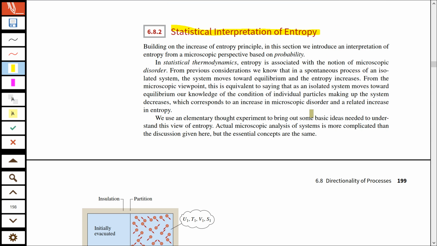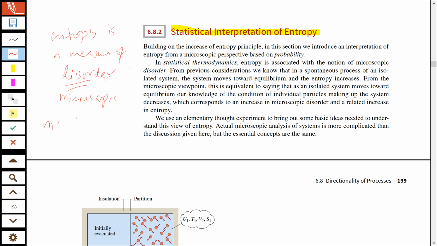In this section there will be no numerical, but at least we'll try to have some feeling of what we mean by the connection of probability with entropy, and why we use the term disorder. When you say that entropy is a measure of disorder, we need to find out what we mean by this disorder, because this disorder thing is misinterpreted by many people. It will turn out at the end of this discussion that this disorder is microscopic disorder.